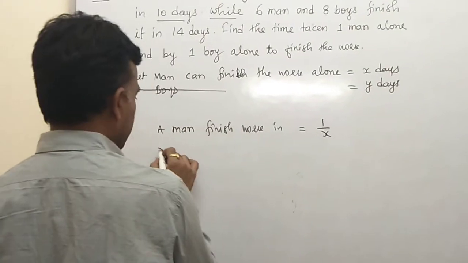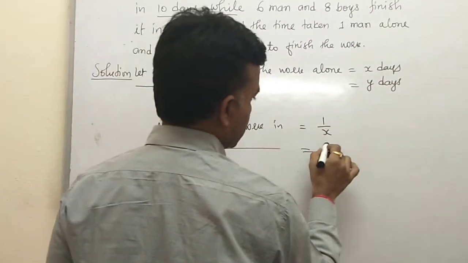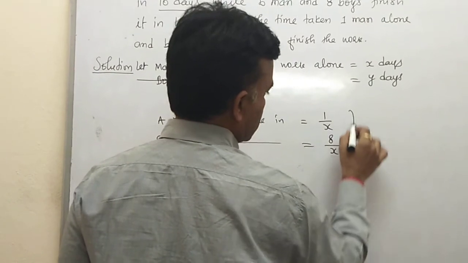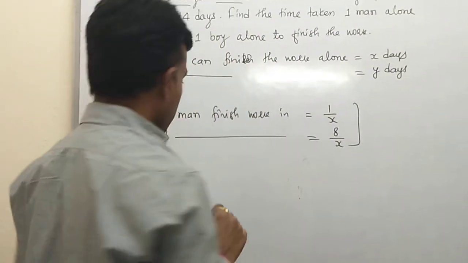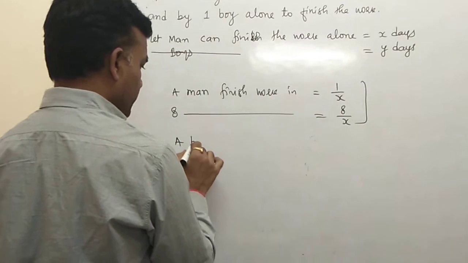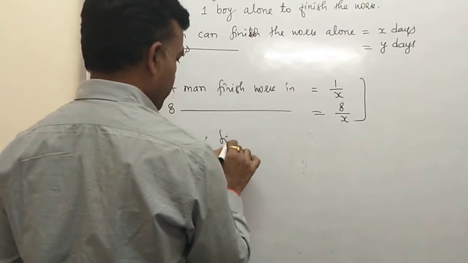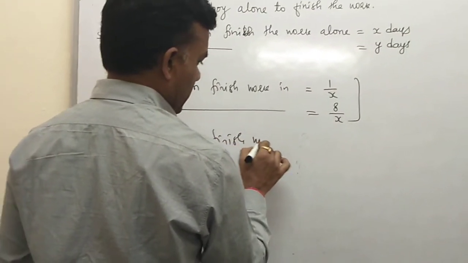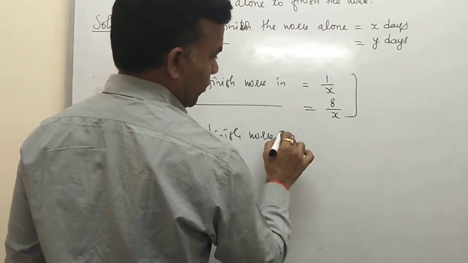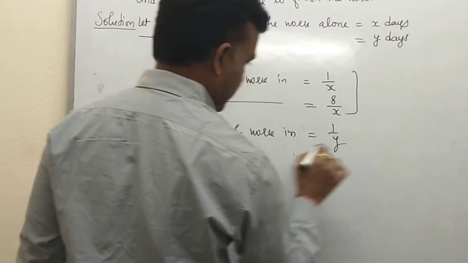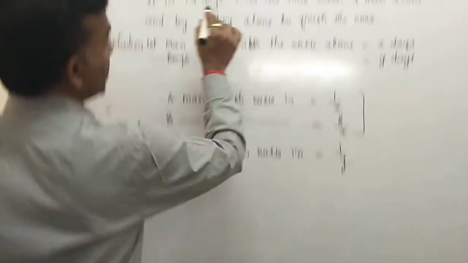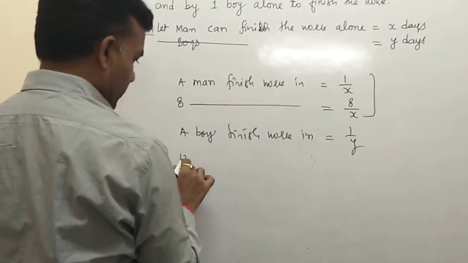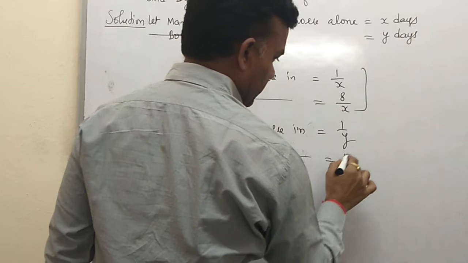Okay, so 8 men finish the work in 8 by x. This is the situation for men, and now a boy finishes work in one day equal to 1 by y. And now how many boys are here? 12. So we write 12 boys, then 12 by y.